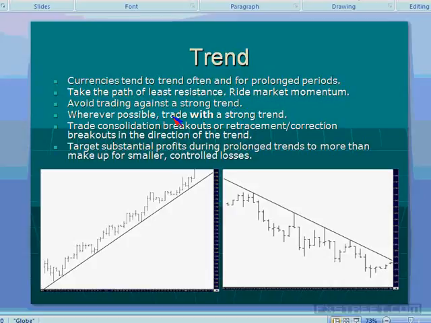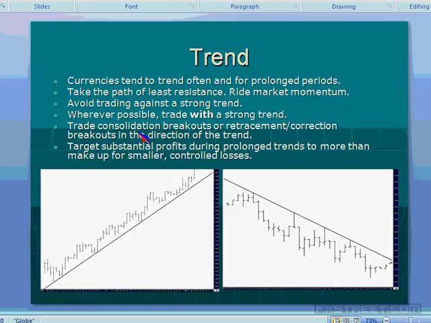So wherever possible, most of the time I'm looking for opportunities to trade with a strong trend, but at the same time I am always avoiding trading against a strong trend. Okay, so I'm not looking to hunt for tops and bottoms. It's a very difficult thing to do. So I'm looking to ride the market momentum.